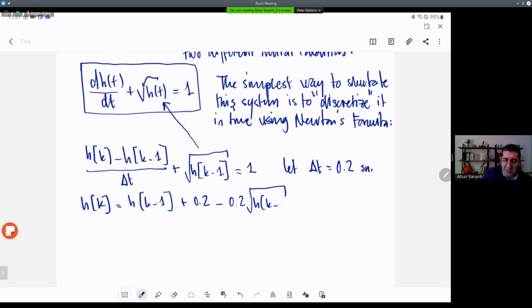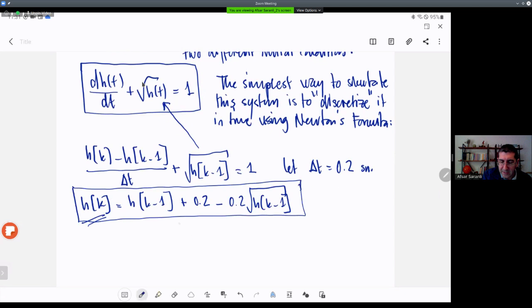Okay, so what you see here is that I'm writing h at time k in terms of its values at the previous time. Okay, so we can call this a recursive computational formula.